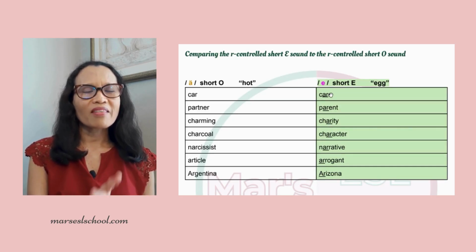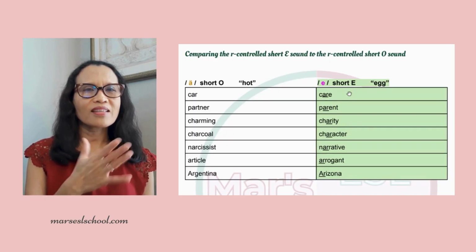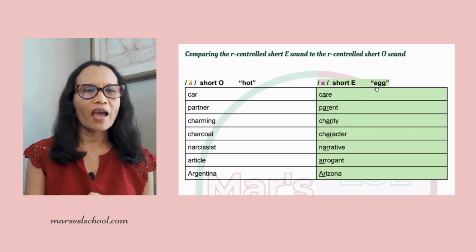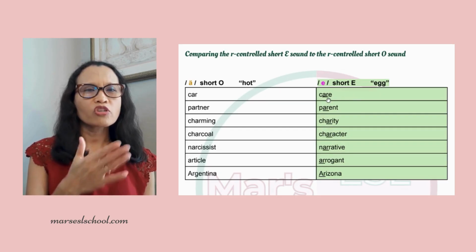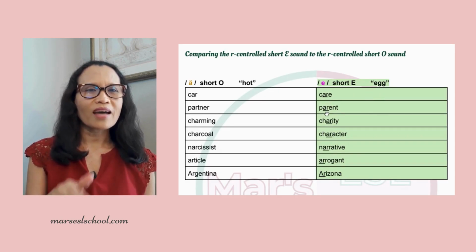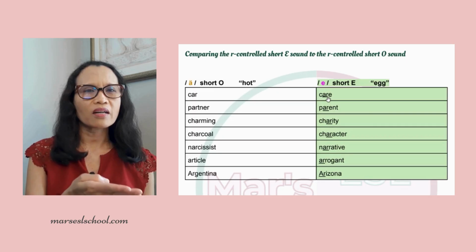This time they have an R-controlled short E sound. So short E is the letter E in the word egg. So that's short E plus R, air, like in our first example, care.